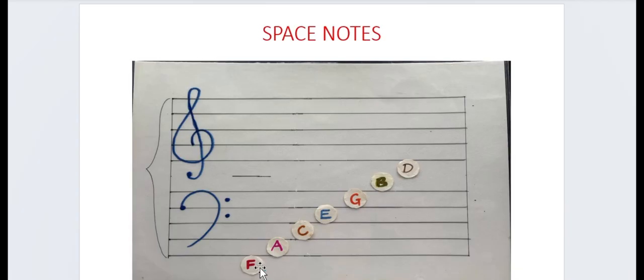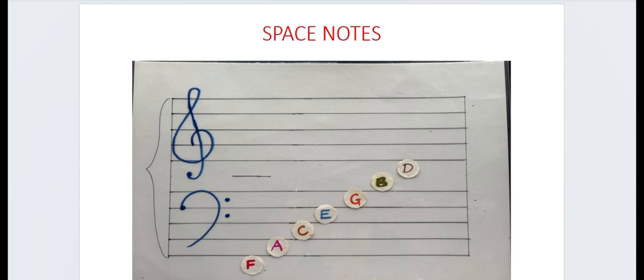Let me read out all the space notes: F, A, C, E, G, B, D.